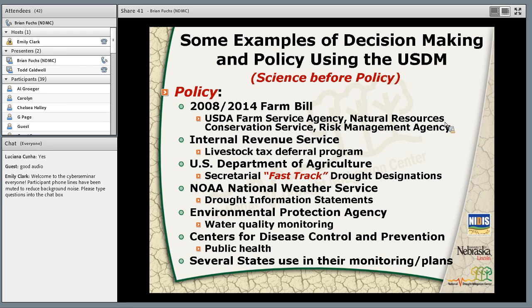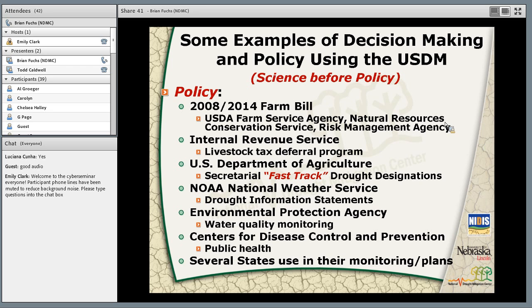The Weather Service has started issuing drought information statements based on being in D2 or worse on the drought monitor. It's being used for water quality monitoring by the EPA, for public health issues, especially with diseases that are associated with certain insects. The Center for Disease Prevention and Control is using it.